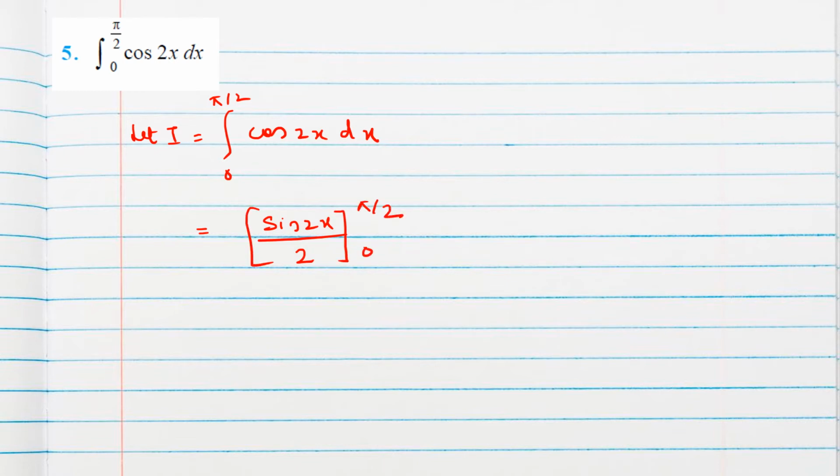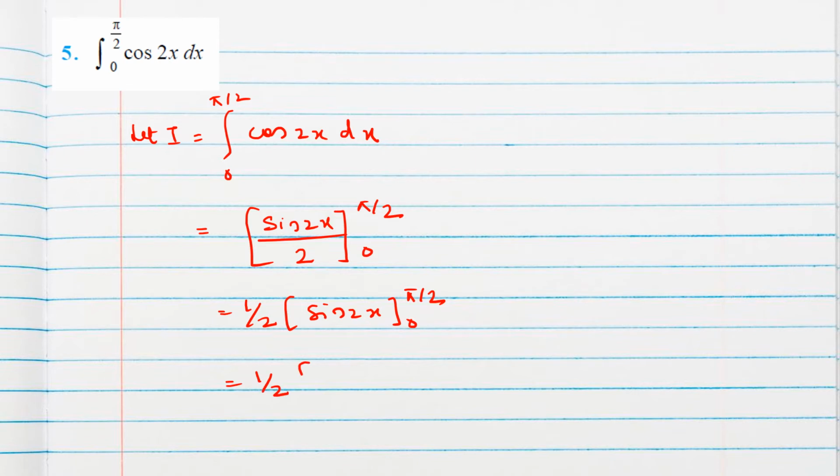Question number 5. Let the integral be I. If you observe the question, for cos 2x we have a direct integral. Cos x integral is sin x, but here cos 2x is there. So we have to divide by the derivative of its composite, that will be 2, between the limits 0 to pi by 2. 1 by 2 we can take out, and sin 2x between the limits 0 to pi by 2 we can write.